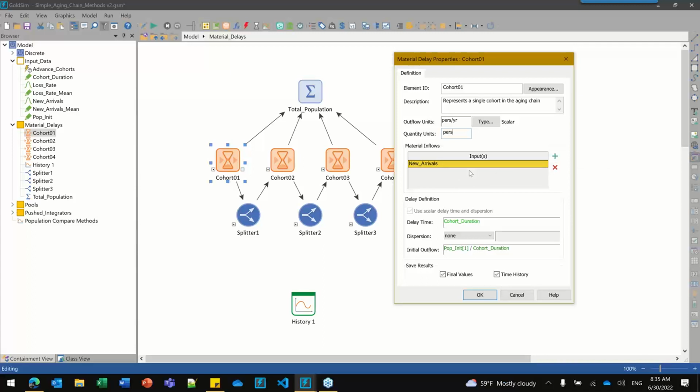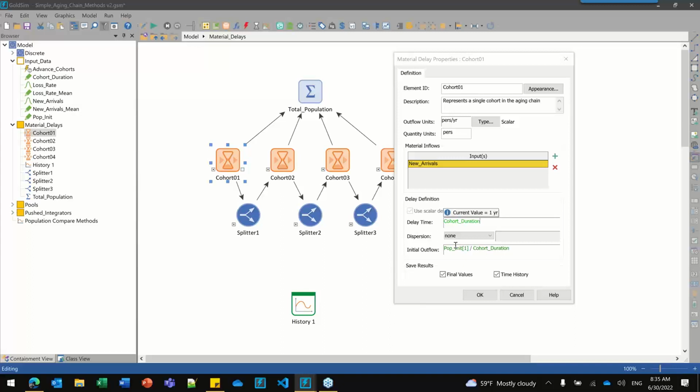It's very easy. But everybody that comes in will be delayed by this delay duration. And this is defined globally, but also nice that we can have this be defined individually for each of the cohorts. So that means each of these cohorts could have a different delay time. So that gives you a lot more flexibility than what we were talking about earlier as well.